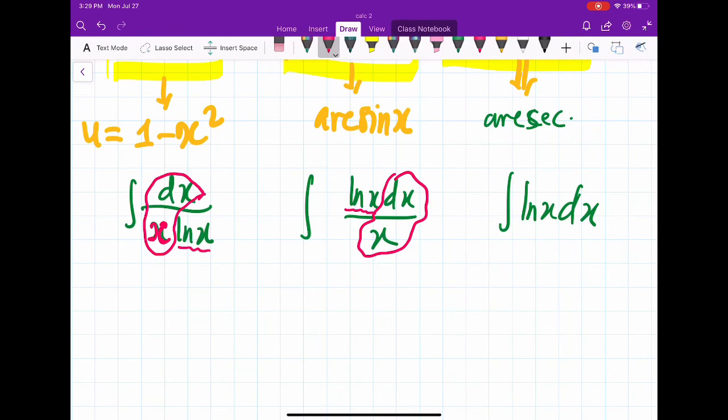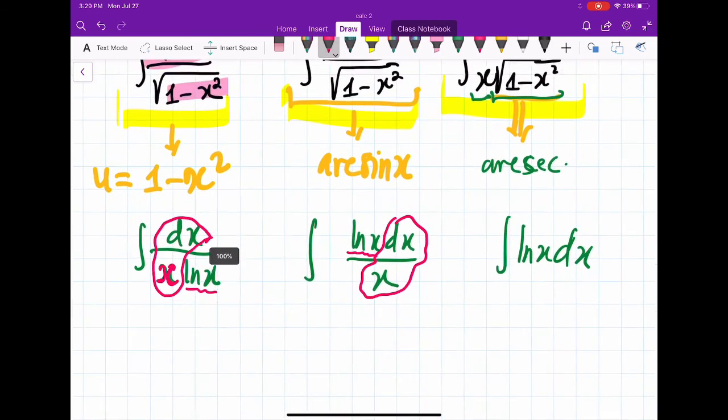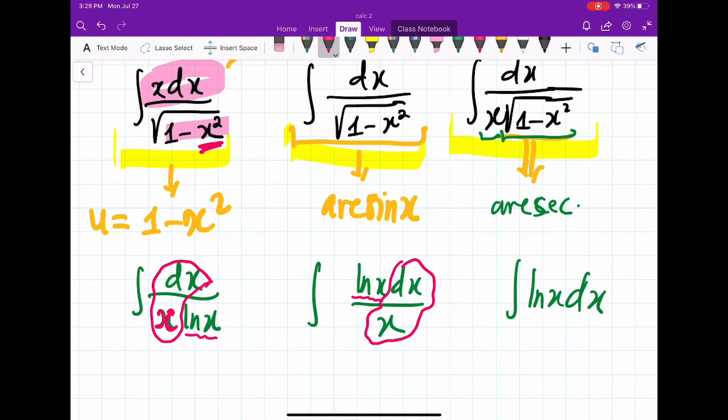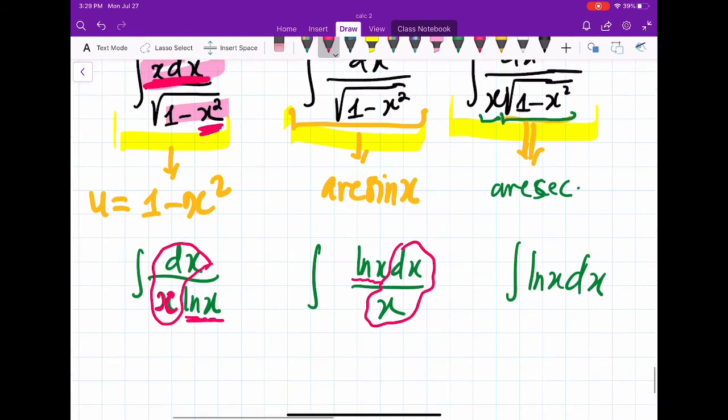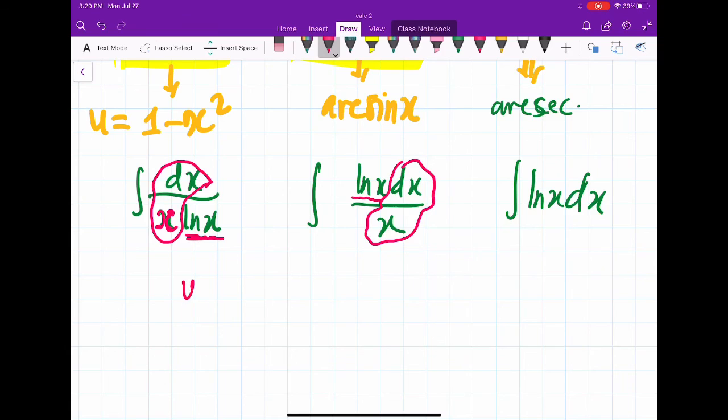You see that? So like the combination of x squared and x dx, for ln you also have that. When you see ln and dx over x, a good substitution would be u equal to just ln x, because when you differentiate this, you get du equal to dx over x. But for the last integral, we don't know how to do that right now.